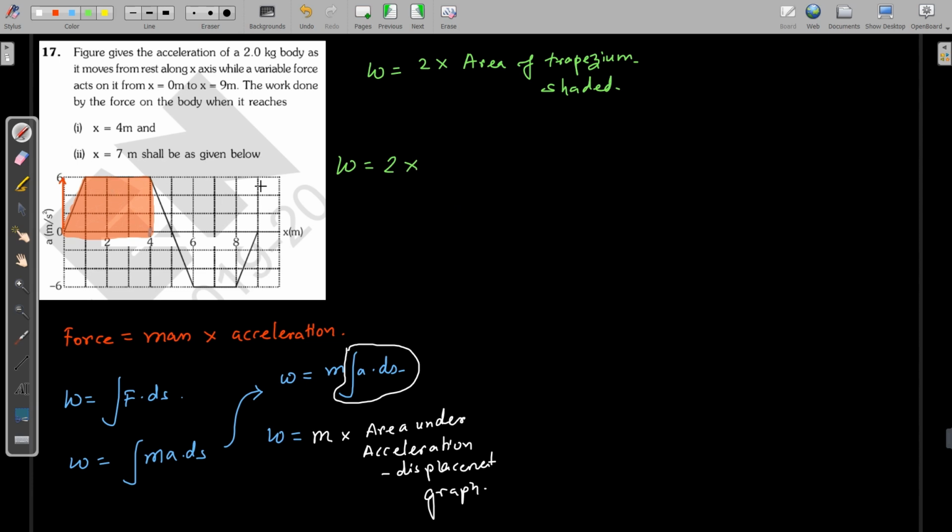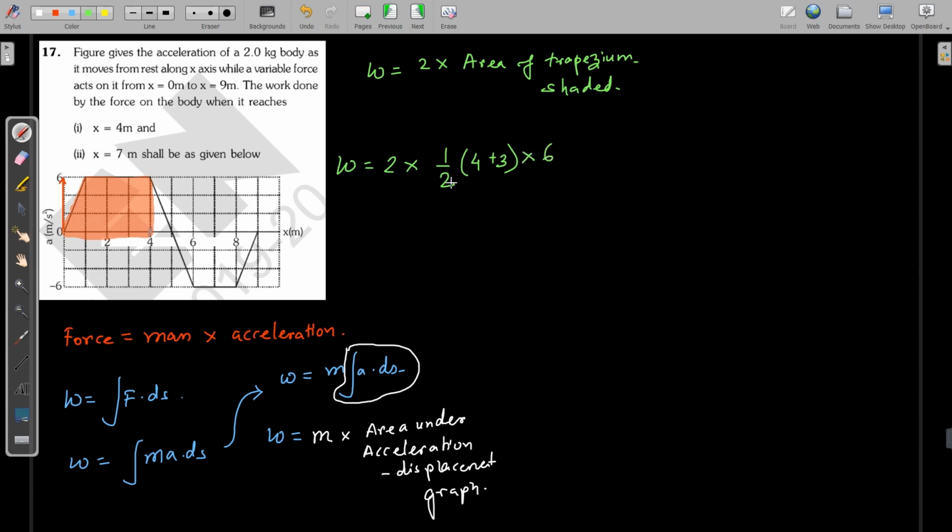2 into what is the area? Half the sum of parallel sides. What is the sum of parallel sides? That is 0 to 4, 4. And this one is 1 to 4, that is how much? 1, 2, 3. Into the distance between them. What is the distance? 6.